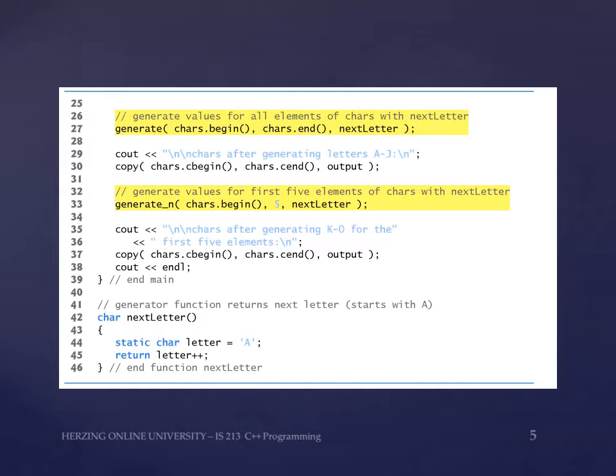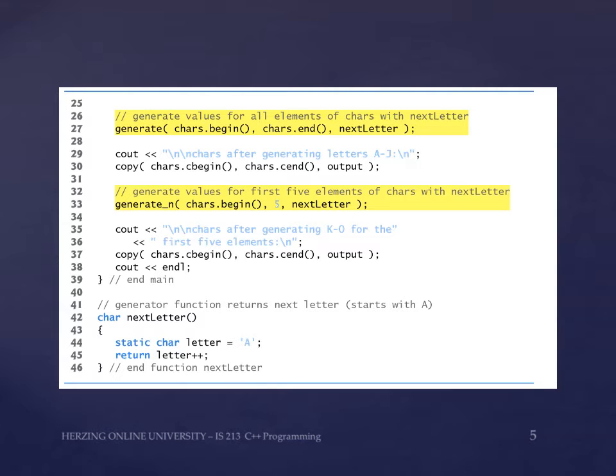Function nextLetter, lines 42 to 46, begins with the character A maintained in a static local variable. The statement in line 45 post-increments the value of letter and returns the old value of letter each time nextLetter is called.